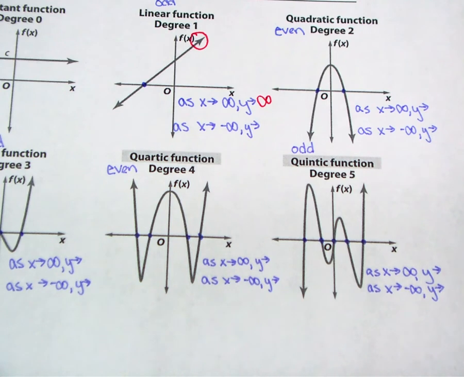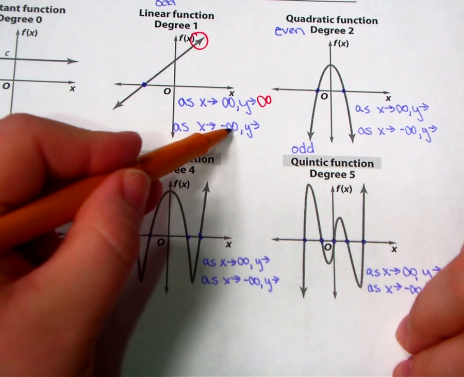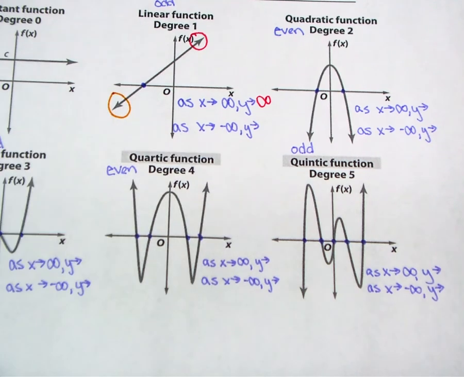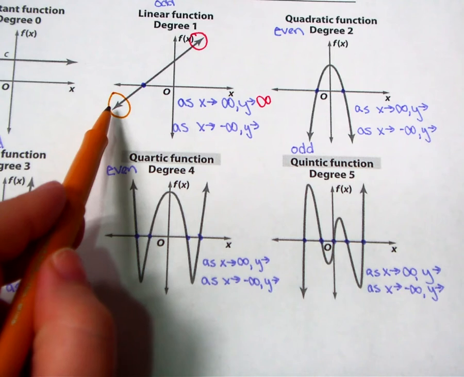In regular English terms, we are saying as x goes up, y goes up. But we have to use notation correctly in this class. So we say as x approaches positive infinity, y approaches positive infinity. So for x approaching negative infinity, that is going to be our left arrow because that's where the x's go down.